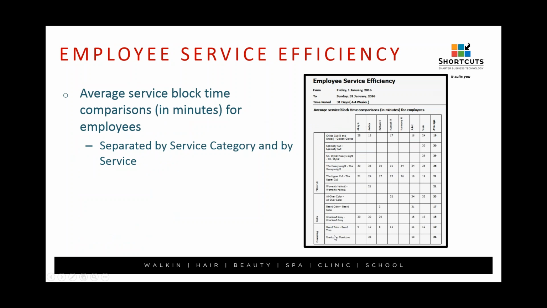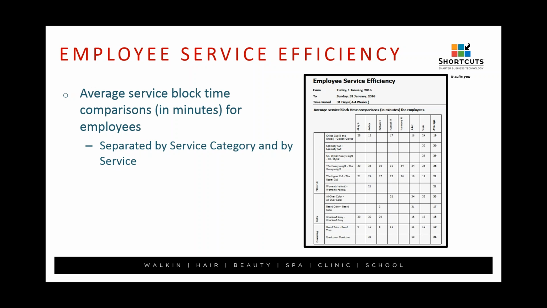Across the side, I have the service categories broken down by service, and in each of the columns a number. That's the service minutes it's taking these particular employees to complete these services.